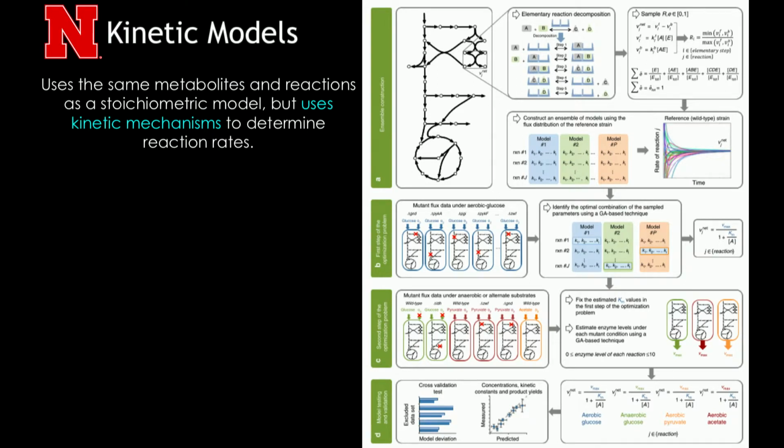All these elementary steps assume that they follow Michaelis-Menten kind of kinetics. We heard about Michaelis-Menten, right? So, in the Michaelis-Menten equation, how many parameters are there? Vmax and Km. For each of the elementary steps, let us say you have 4, you will have an individual Vmax and an individual Km.